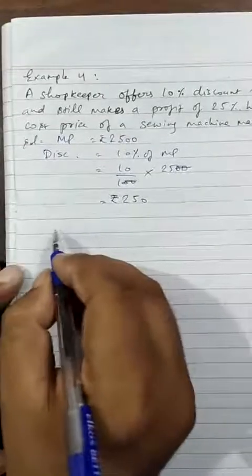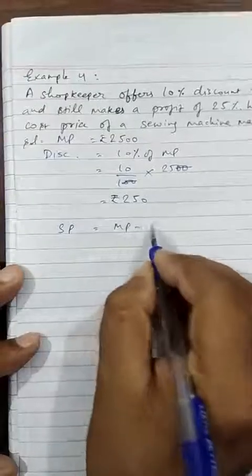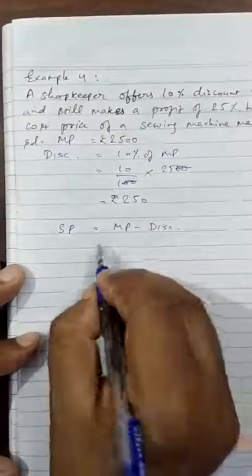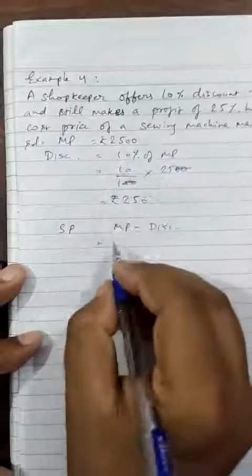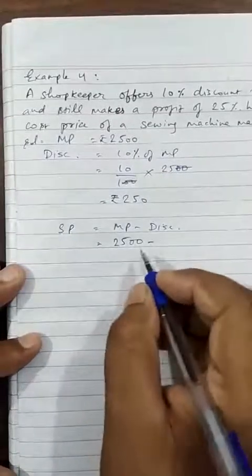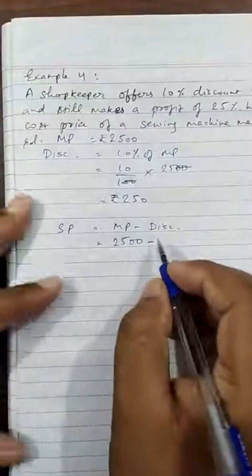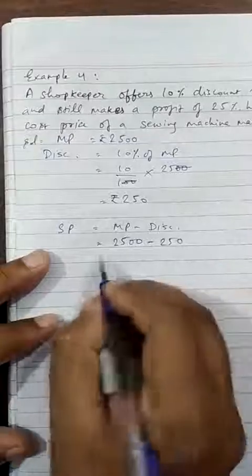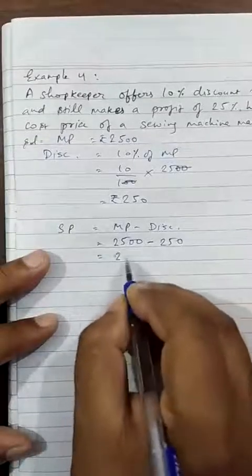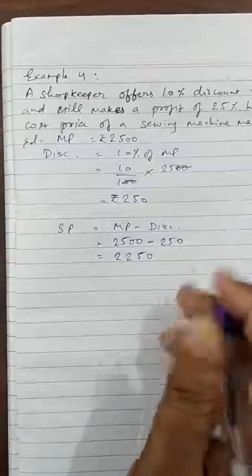Now the selling price is mark price minus discount. Mark price is far more than the selling price. So discount is given 250. On subtracting this you get this. This is the selling price.